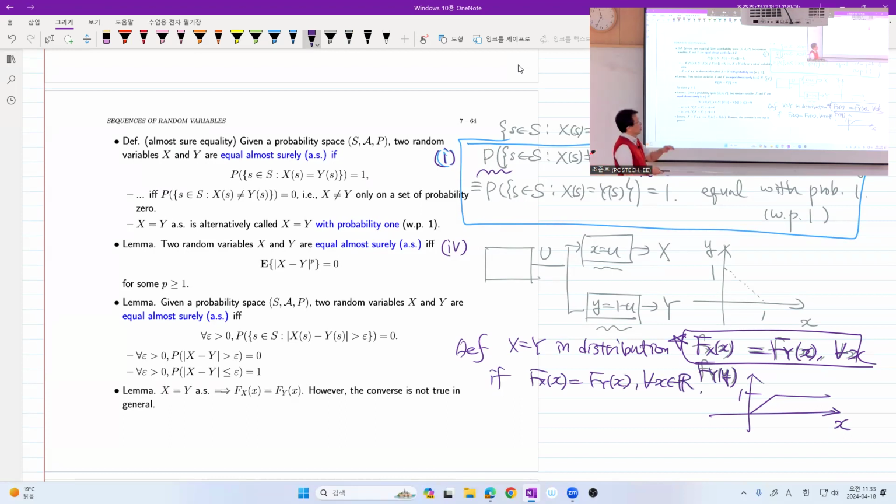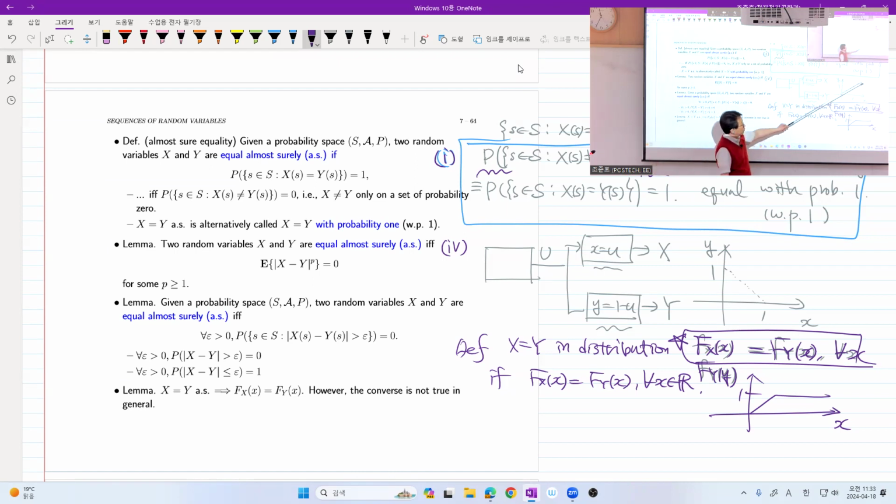If the CDF of x equals the CDF of y for all real x. Got it? Now question, suppose these two are general mapping rules, general random variables. When do we say they are equal? The 2D histogram is exactly on this line x equals y. Then they are equal everywhere, equal surely.